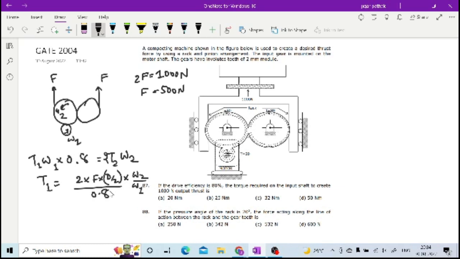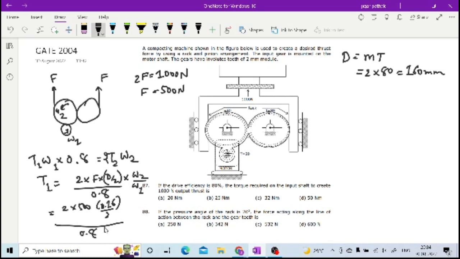Now this D you have to calculate from the module. Module is given as 2 mm and number of teeth is 80, so you will have 160 mm as the diameter. So now you are having all the values with you. 2 into 500 into 0.16 divide by 2 divide by 0.8, into omega 2 by omega 1.